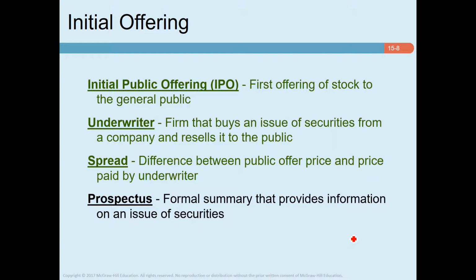And in this registration statement, the most important part that is distributed to investors is known as the prospectus. This prospectus basically includes all the information required by an investor to make an investment decision. So you understand that when a company engages in an IPO, it issues a prospectus.